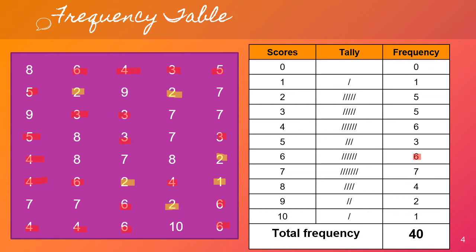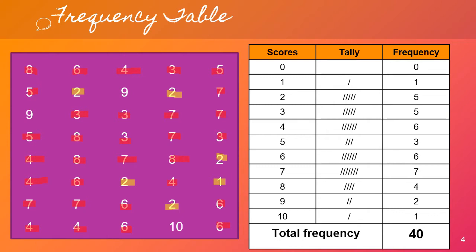Okay, next, 7. We tally 1, 2, 3, 4, 5, 6, 7. So in 7, we have a frequency of 7. And 8: 1, 2, 3, 4.